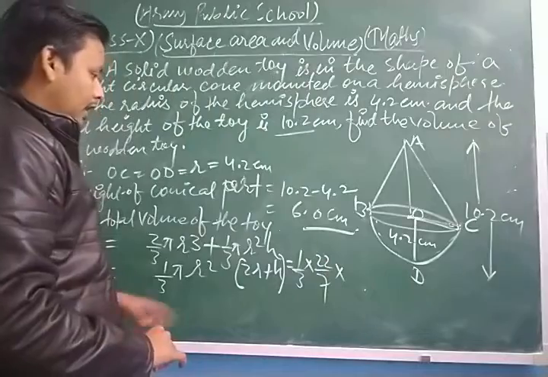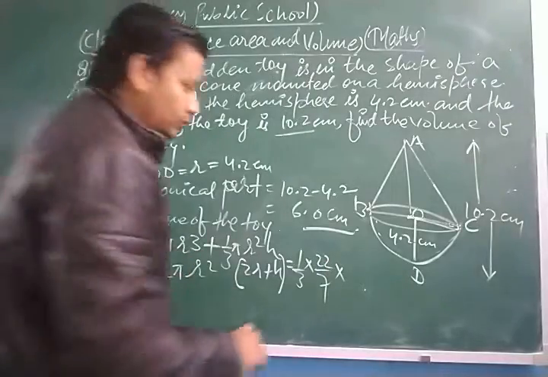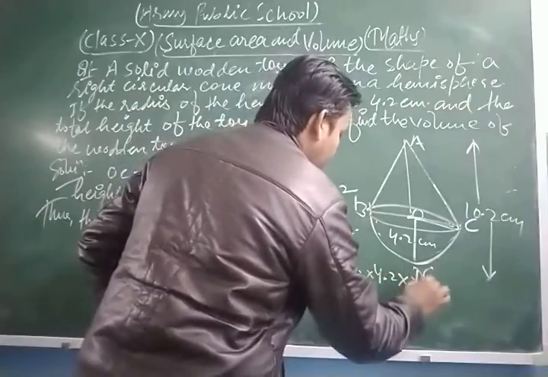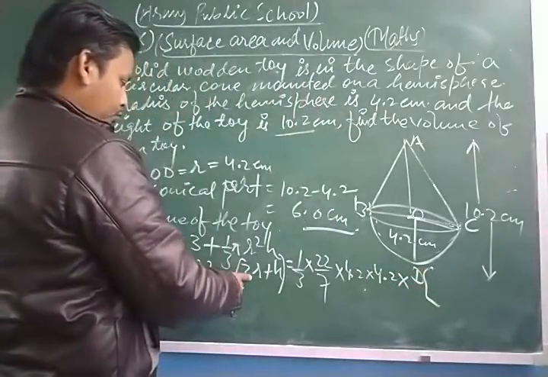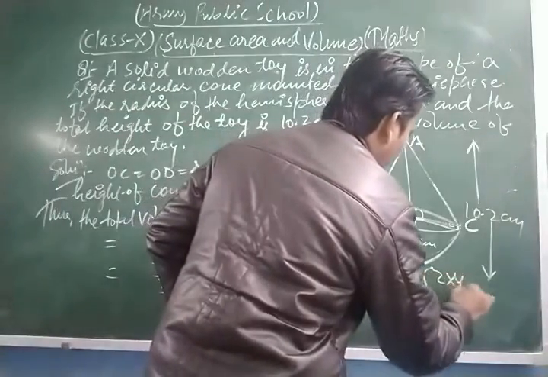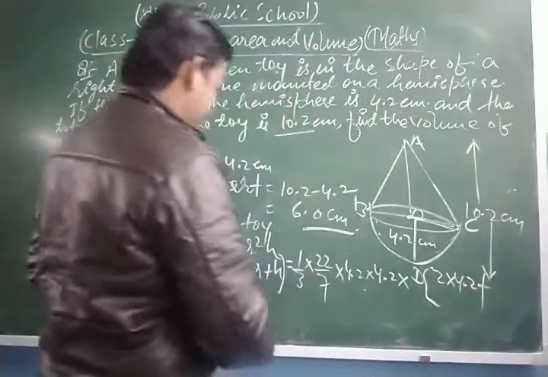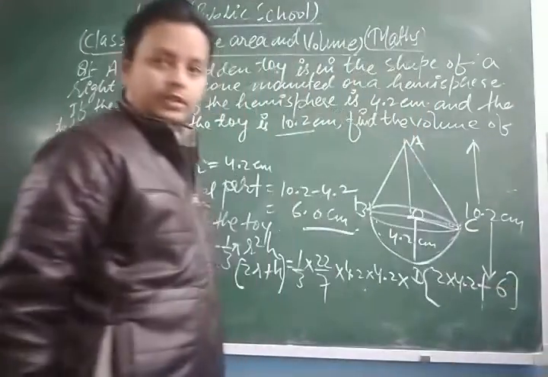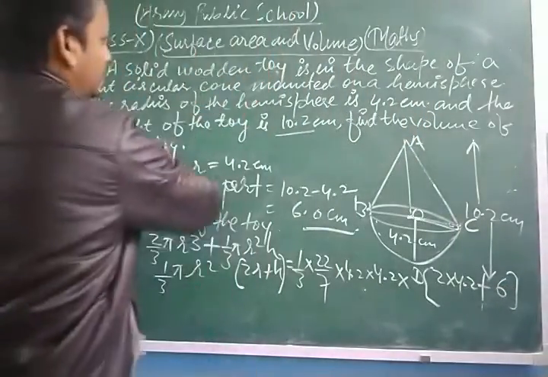22/7 r square, this is 4.2 into 4.2, into, in bracket, 2r, that is 2 into 4.2, plus h. H is 6. Okay, now we simplify them.